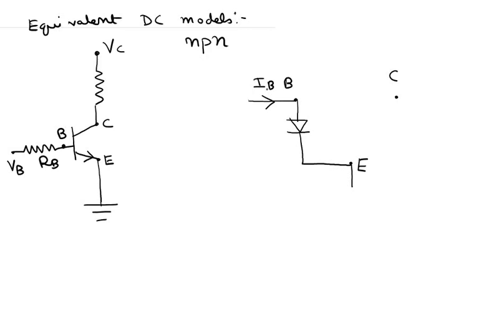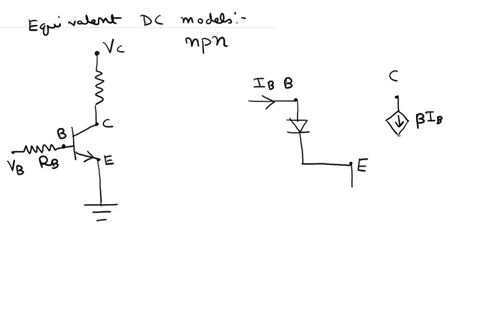Okay, now the collector to emitter junction may be represented by a dependent current source, and we know that the collector current basically depends on the base current through the relation IC equals beta IB.